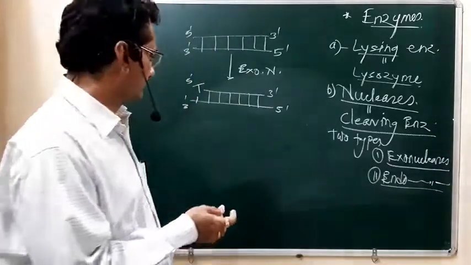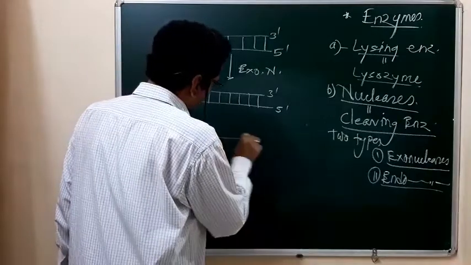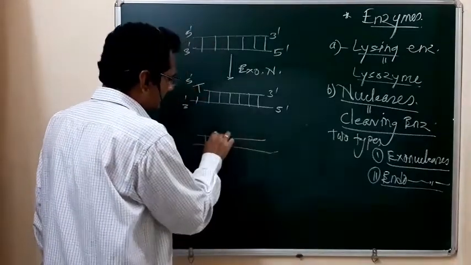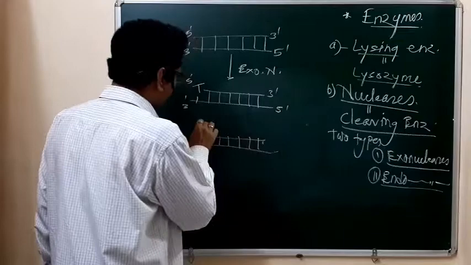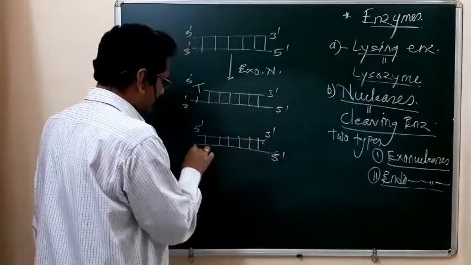from the center. So suppose this is, as usual, the DNA molecule. It has a 5 prime end, this is the 3 prime end, this is the 5 prime end, and this is the 3 prime end.